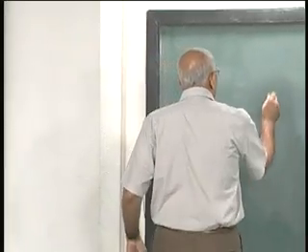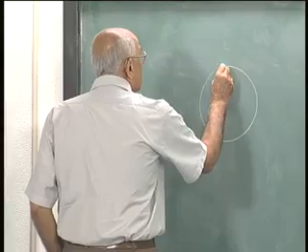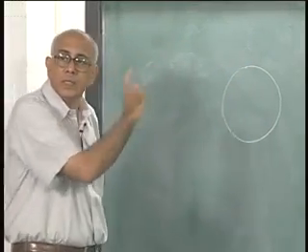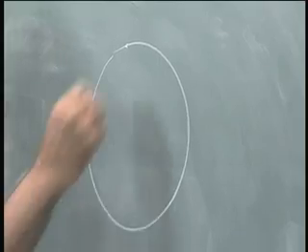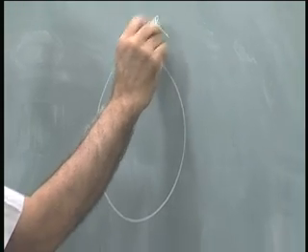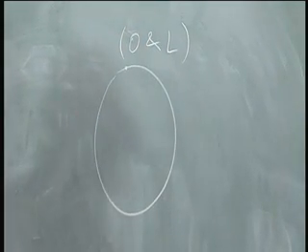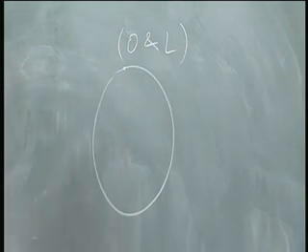So let us suppose it is living on a ring of size L, circumference L. So this is the point 0 and L. So a circle of circumference capital L, just to be able to compare with what happens in a box of length L. Exactly the same problem as before, no potential energy, no question of any potential at all in this case, it is just kinetic energy, H is p squared over 2m.